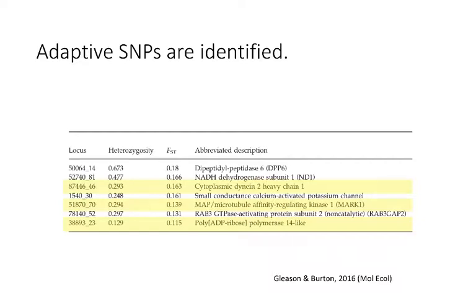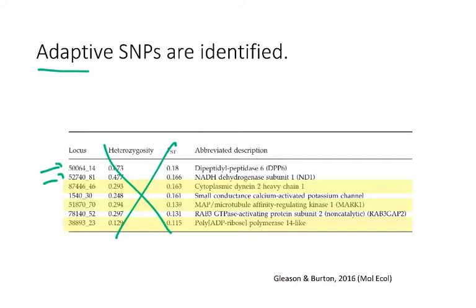As we talked about before, if you're interested in what SNPs help an organism maintain its fitness in different environments, you can identify specifically adaptive SNPs. This is a table from one of my studies. Don't worry about these columns, but on the left we have these different loci listed.